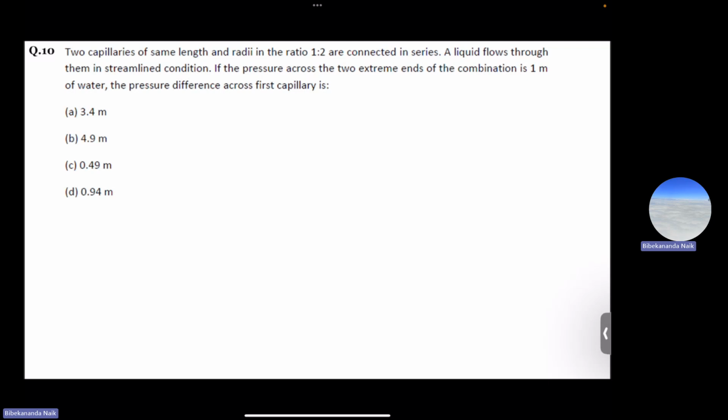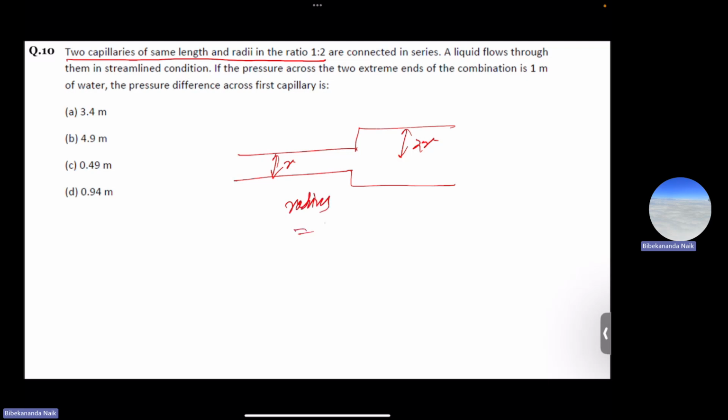So the question says there are two capillaries of same length and radii in the ratio 1:2. So one capillary is this and another is this. This is R and this is 2R. So the radii are in the ratio of 1:2.